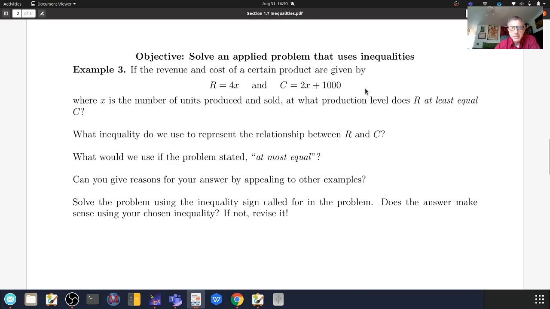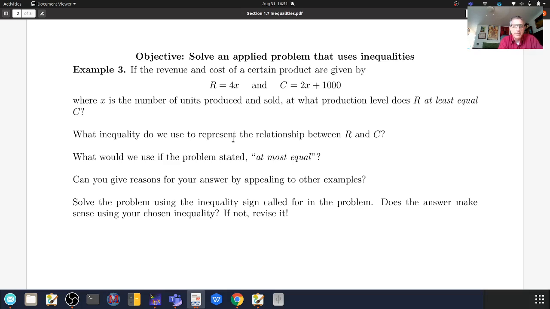So here is an objective. We're going to solve an applied problem that uses inequalities. So these are kind of hard sometimes to set up the right inequality. So let's read through it.